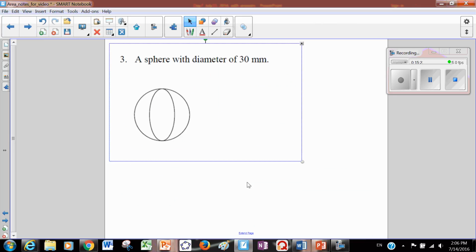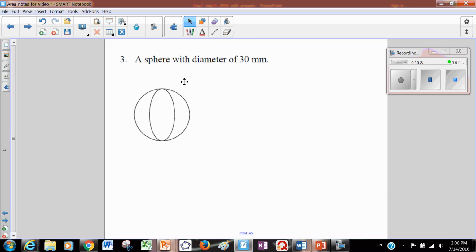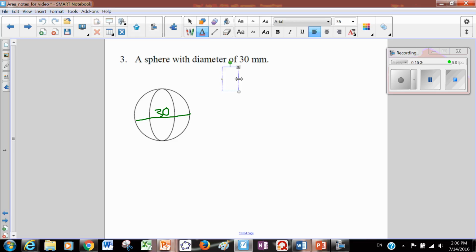And the last question, if you have to find the area of a sphere that has a diameter of 30. If you see the diameter is across, that's 30. The first thing you need to do, well, you can write your formula. The formula of the area is 4 pi r exponent 2. So the area is equal to 4 pi, and the r, what's the radius?